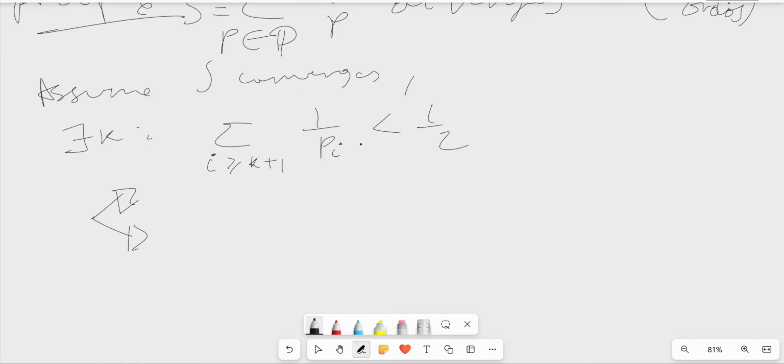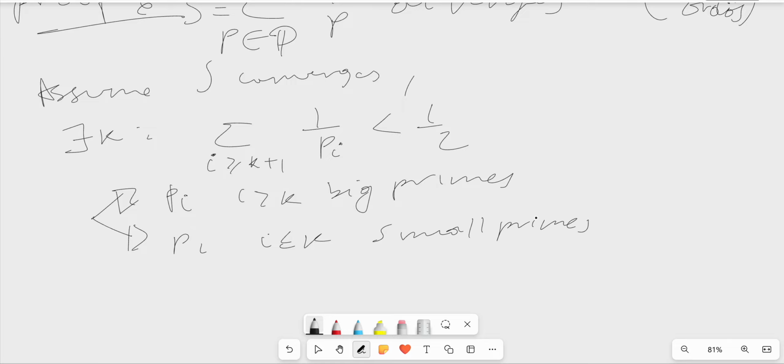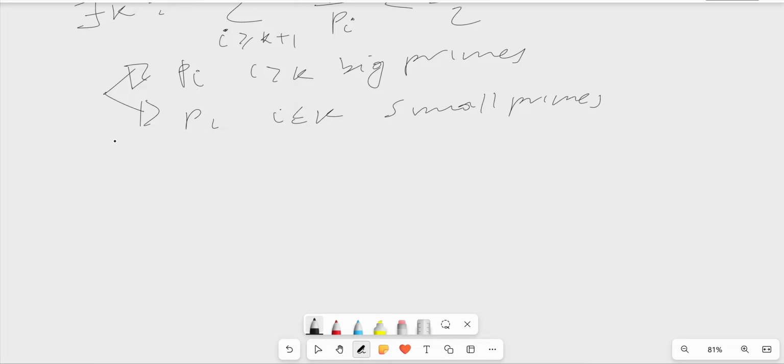From now we can define primes p_i with i greater than k to be big primes, and p_i with i less than or equal to k to be small primes. What's next then? Once we've done that, define NB and NS.